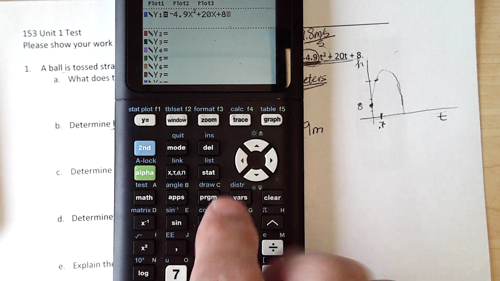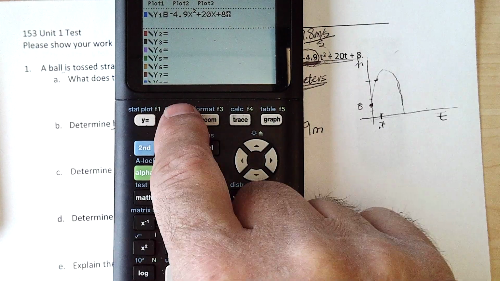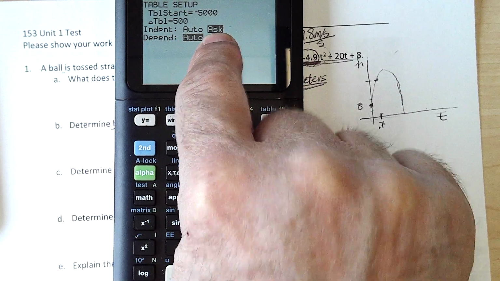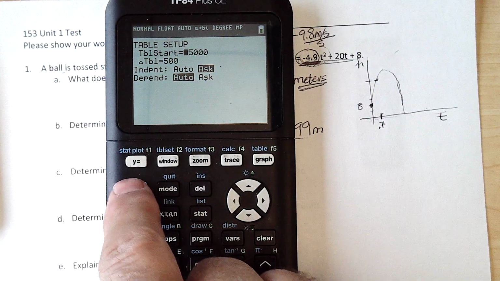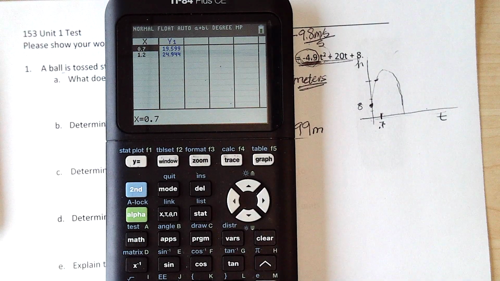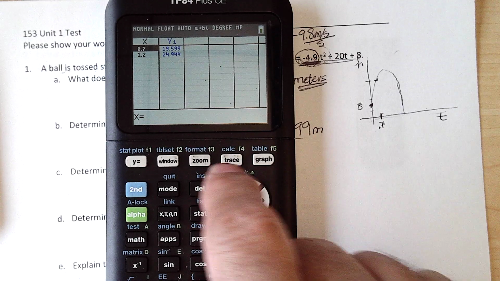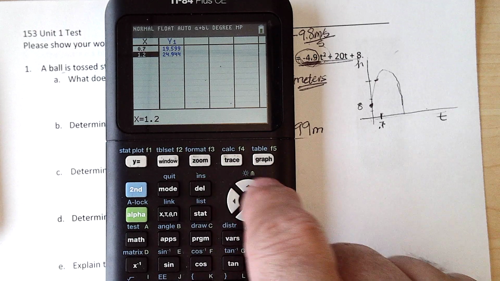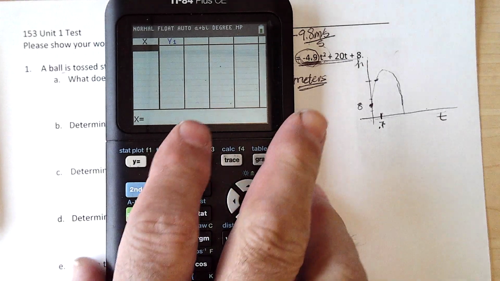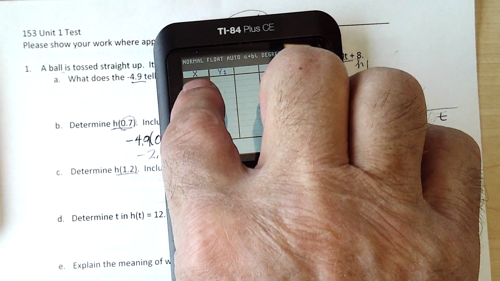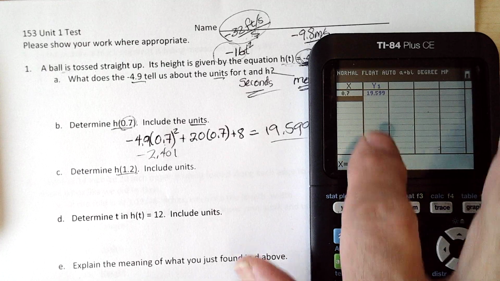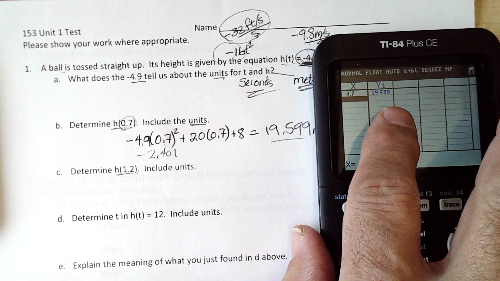And then if you set the table with the independent variable on ask, then when I go to the table by doing second graph, and clear, go up here, delete and delete, I can enter the numbers I want to put into the equation. So I can put in 0.7, and it gives me the 19.599.